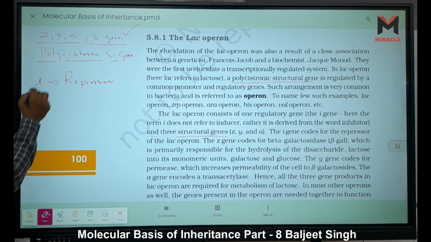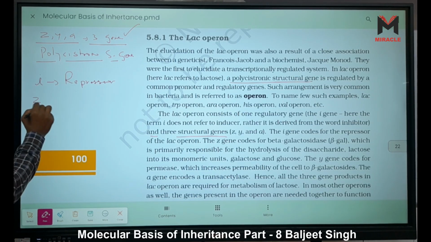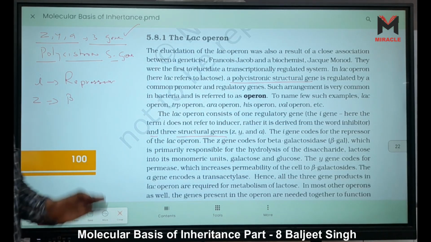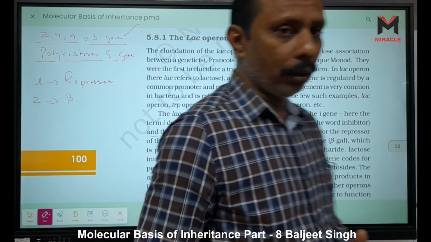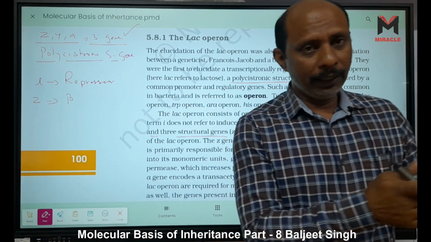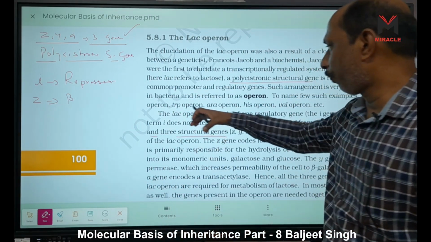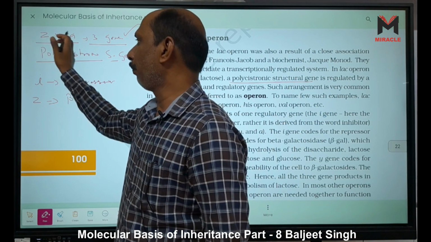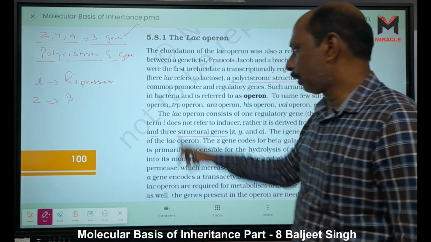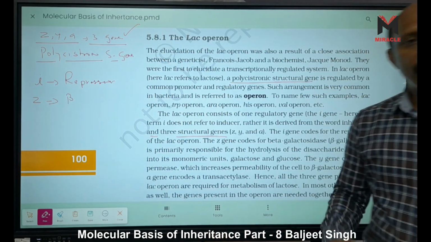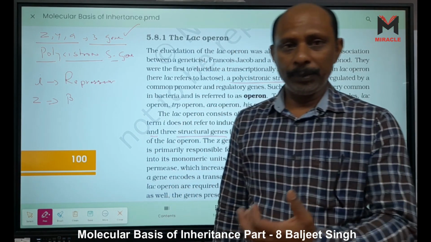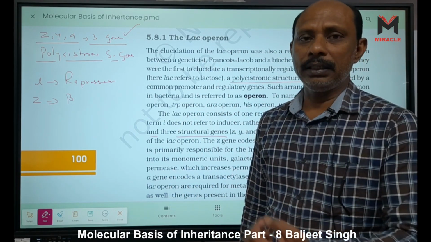Always we go from Z, then Y, then A. It is not A Y Z. It is Z Y A. When we consider the tryptophan operon, it is also in this order: E D C B A, not A B C D E.